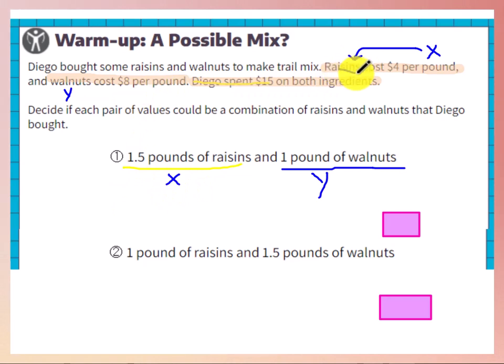So raisins is X, the cost is $4 per pound, so 4 times the number of pounds plus 8 times the number of pounds of walnuts is exactly $15. That's our constraint.